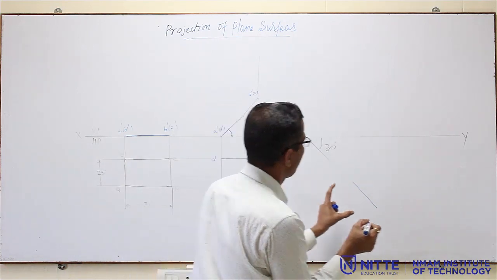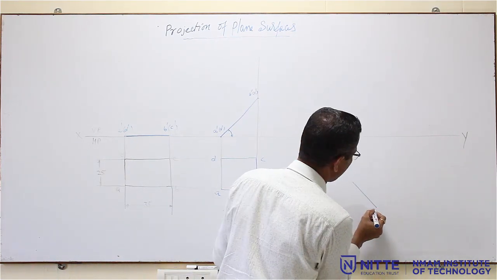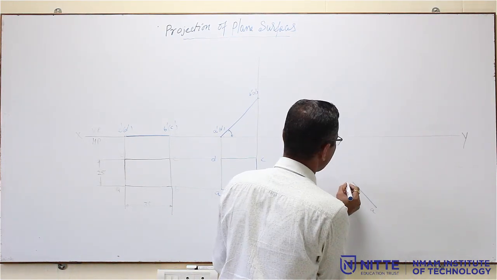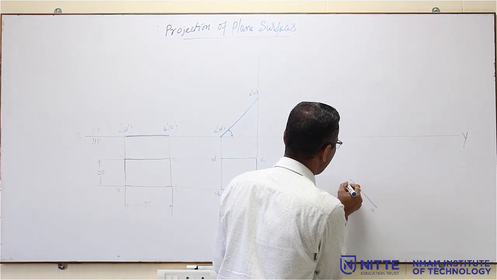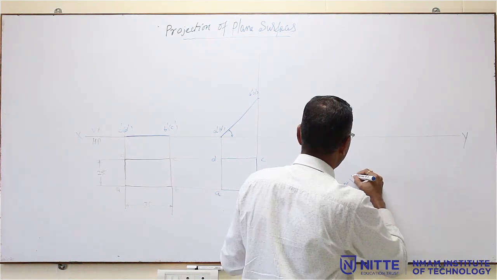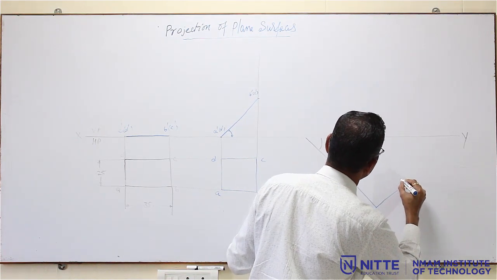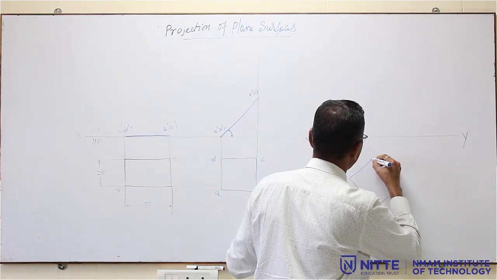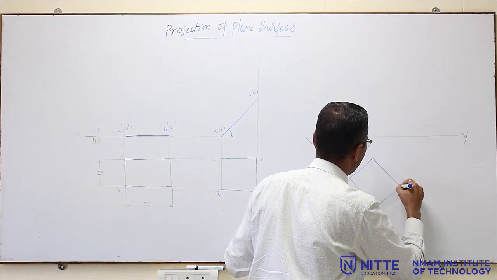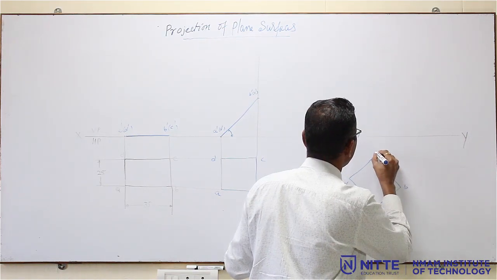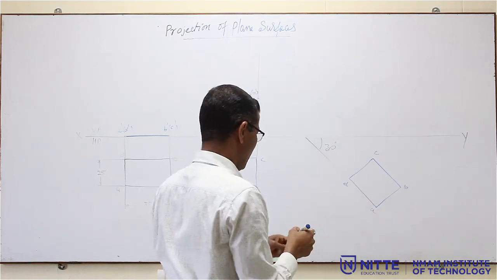Measure this length and keep it here and call this A, this is D, and complete the square. The same square has been copied.